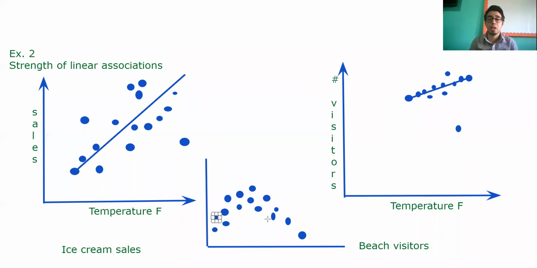We don't have a line because the line needs to continue, okay? For example, if it's increasing, the line is going to be something like this. If it decreases, it needs to be something like this. In this case, we don't have an association because sometimes it increases and sometimes it decreases.